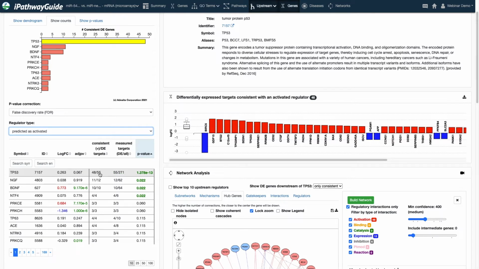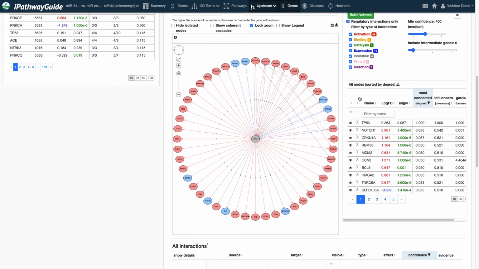And of those 55 differentially expressed targets, 48 of them were consistent, so changed in the direction that matches the hypothesis that TP53 is activated. So only 7 contradicted that hypothesis. And you can see them here.